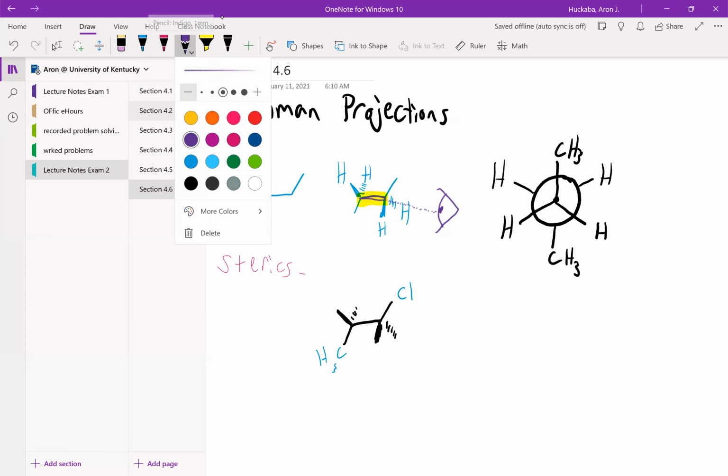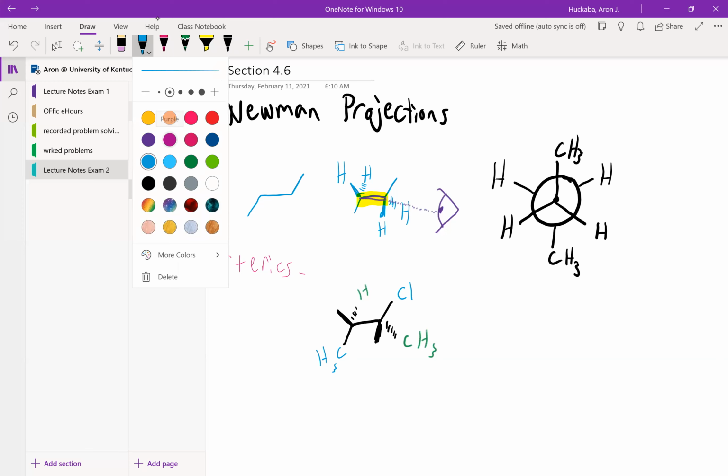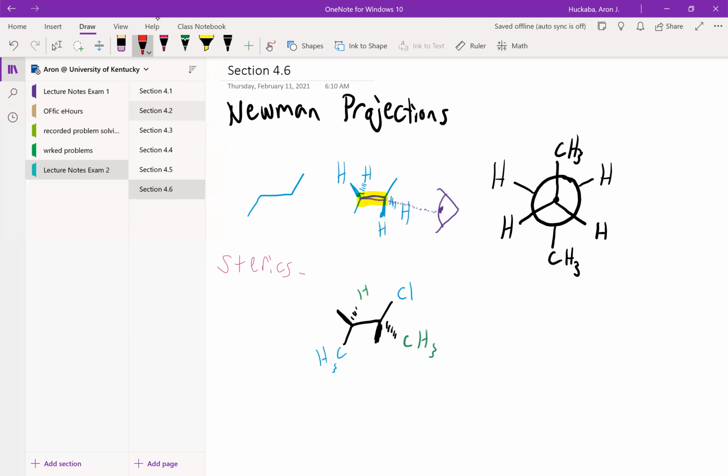And then we have maybe a CH3 down here in green and a hydrogen here in green. And then in red, we have an OH there, and here we have a hydrogen.